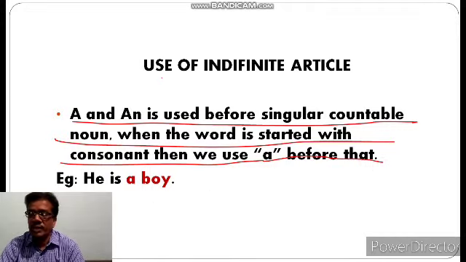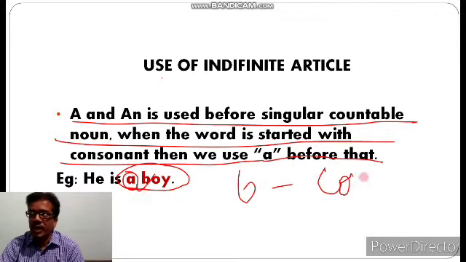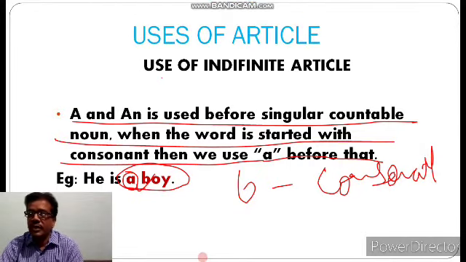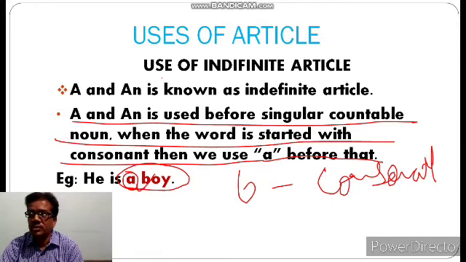Just look at the example: he is a boy. In boy, the first letter is b, which is a consonant, so we have written a here. Whenever there is a vowel sound, then we use an.